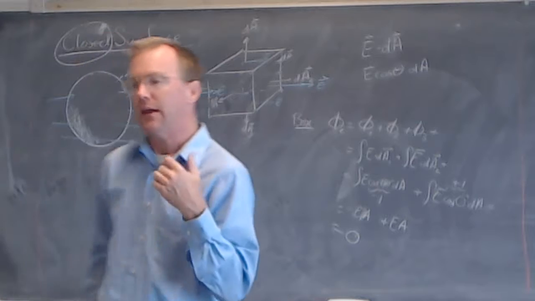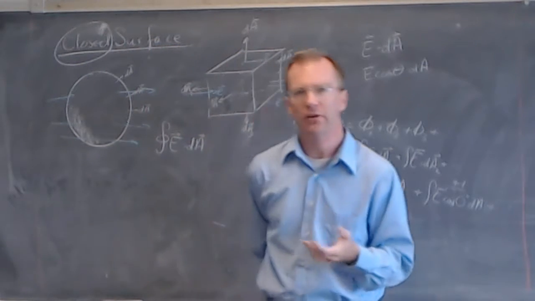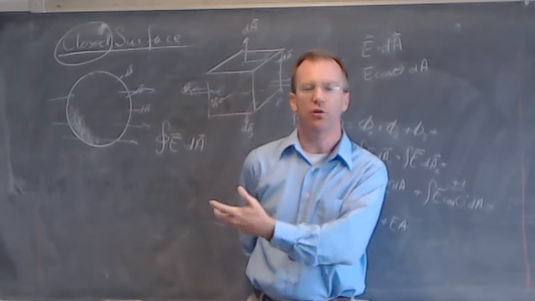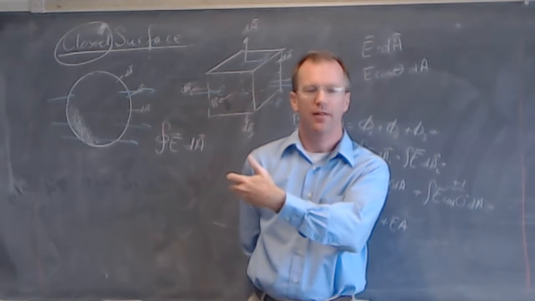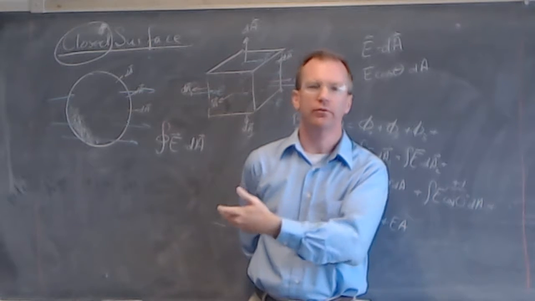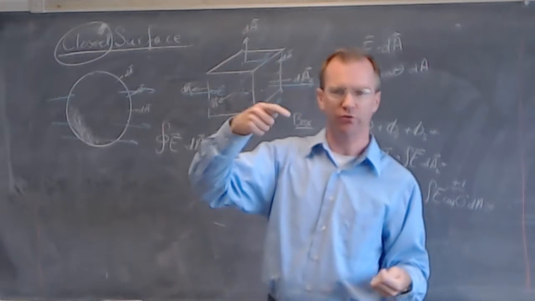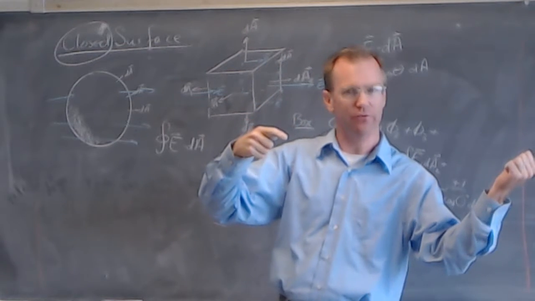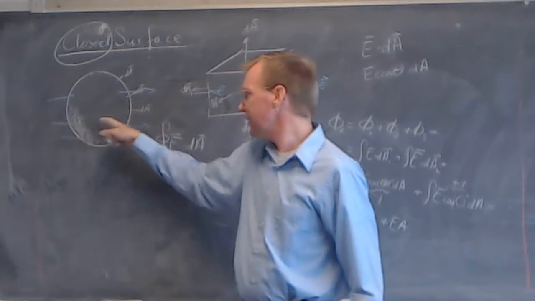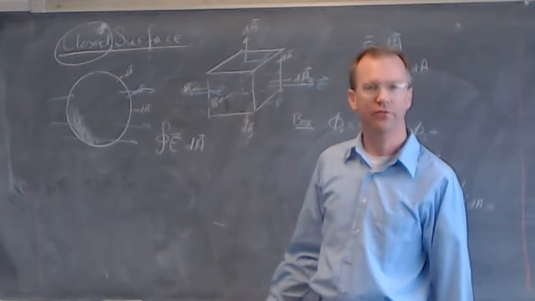But if we remember that the flux is basically counting up the net number of field lines coming out of that surface, you subtract the ones going in, you add the ones coming out. Then if it goes in and comes out, the net is 0 for all of those.